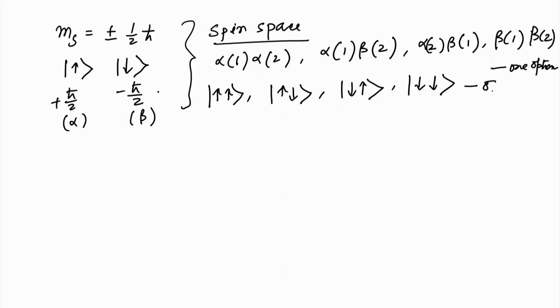This is the other option, and we can simply choose one of them, but let us choose this option in order to write the wave function to discuss this problem of two spins.